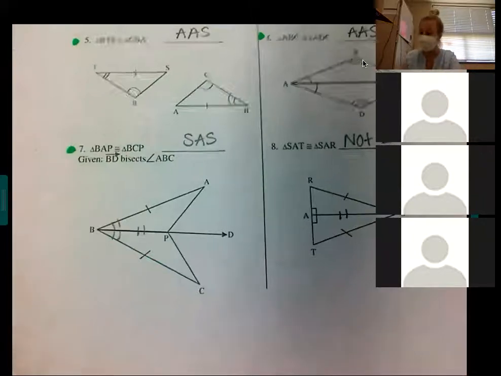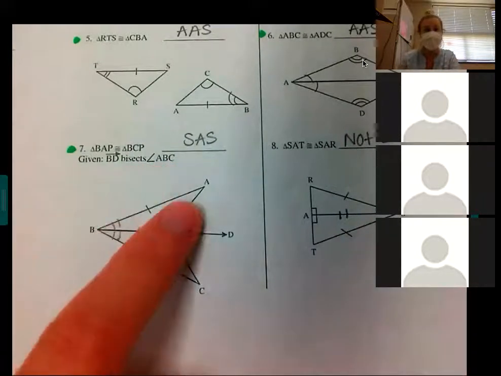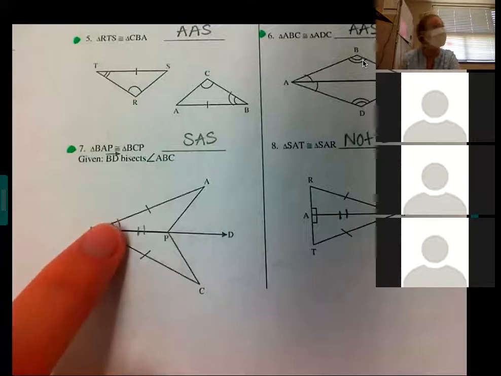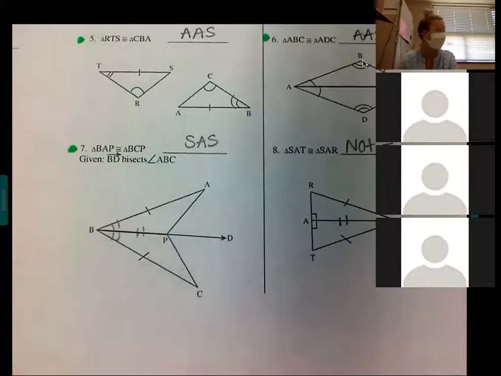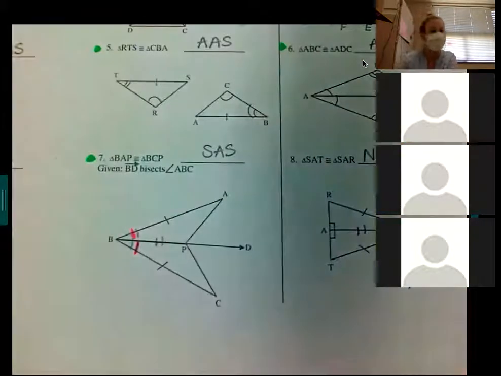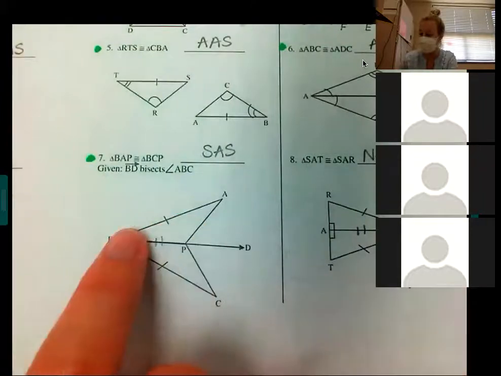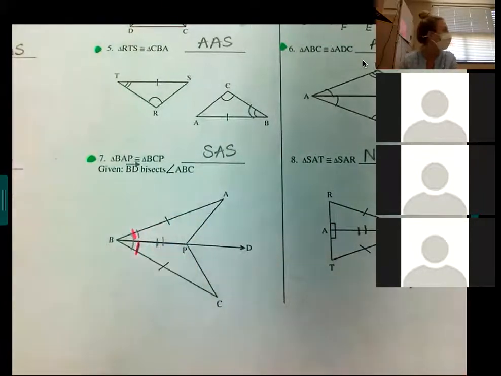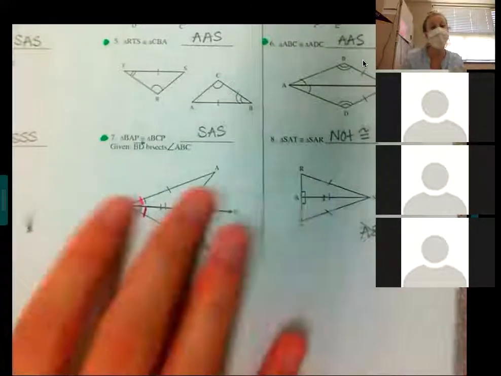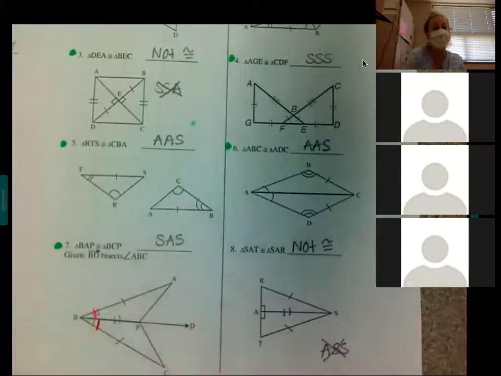So when I'm telling you BD bisects ABC, this angle right here, it means it cuts that angle into 2 equal halves. So these 2 angles should be the same right here. This angle and this angle are equal. So then you have side, angle, side. Does that make sense? Okay, Google is free, y'all. Look up what bisects means. That was a challenge problem. That one was hard. Any other questions on the front before I flip to the back for y'all to check?